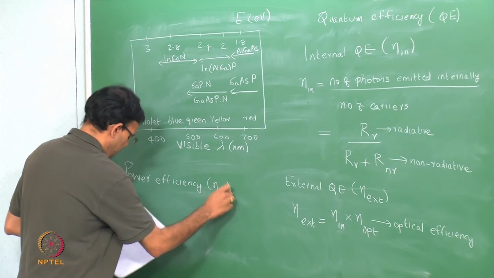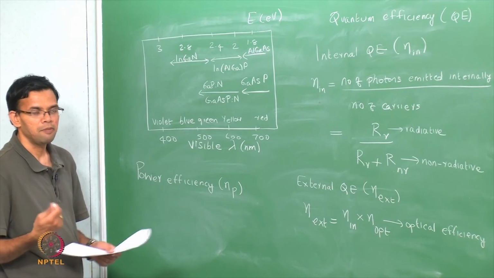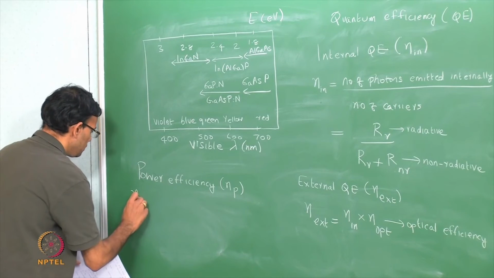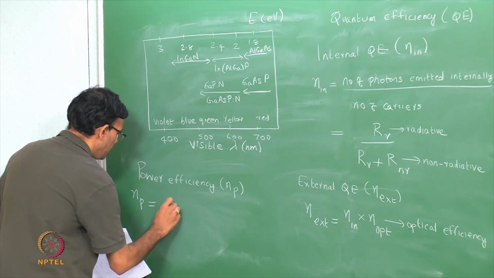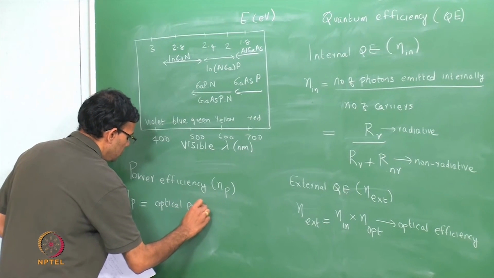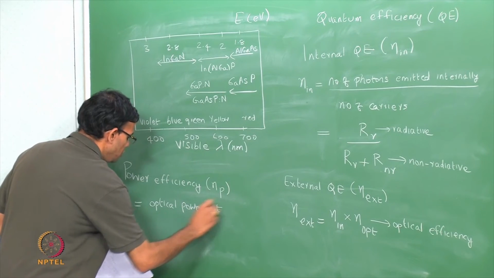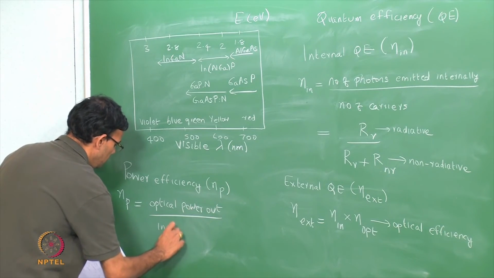Eta P, which is the optical power output divided by the input power. So, eta P is the optical power out divided by the input power.